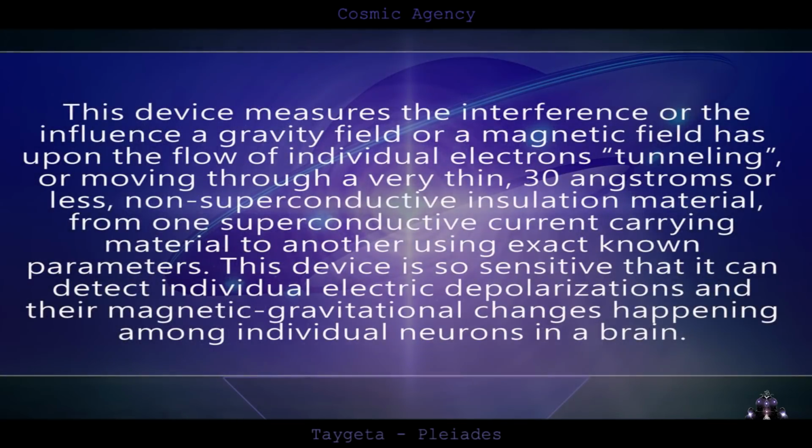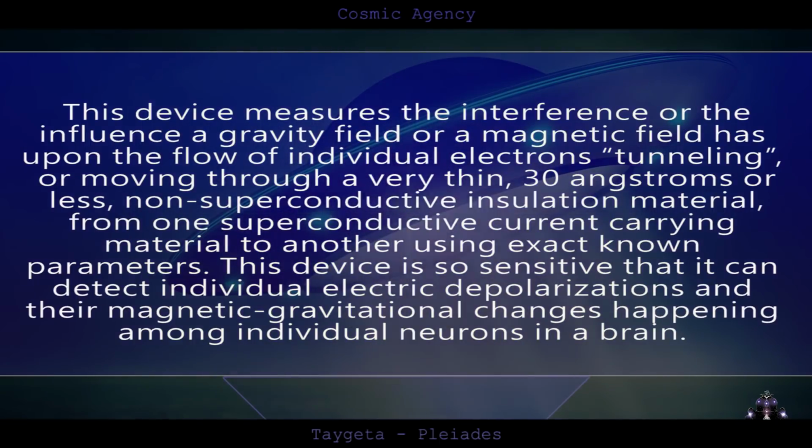This device measures the interference or the influence a gravity field or a magnetic field has upon the flow of individual electrons tunneling or moving through a very thin 30 angstroms or less non-superconductive insulation material from one superconductive current carried material to another using exact parameters.